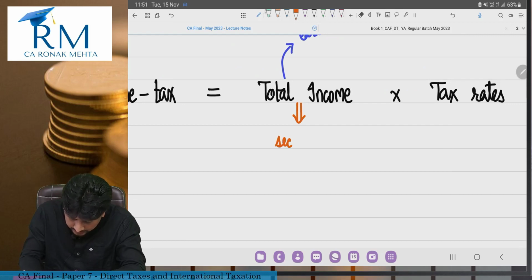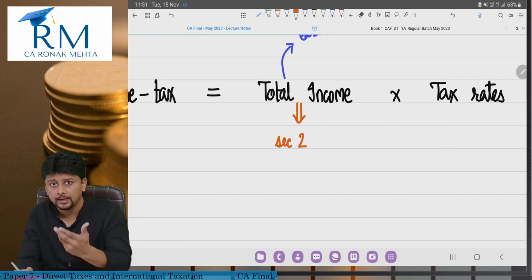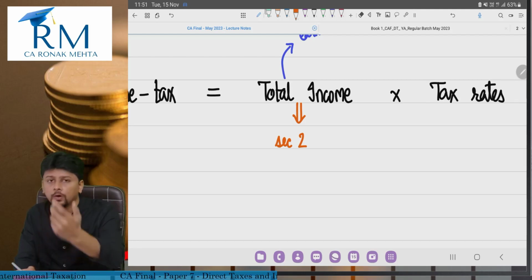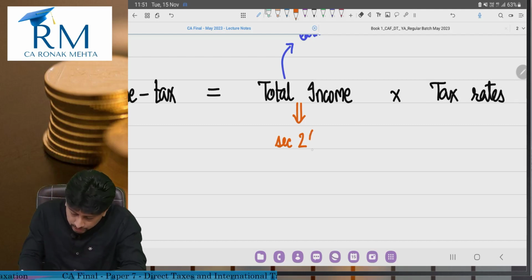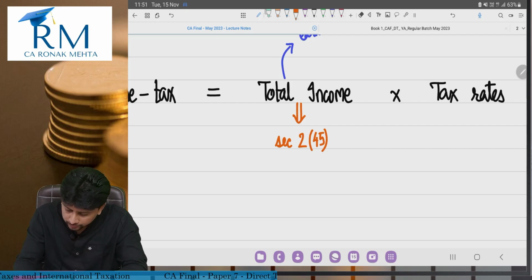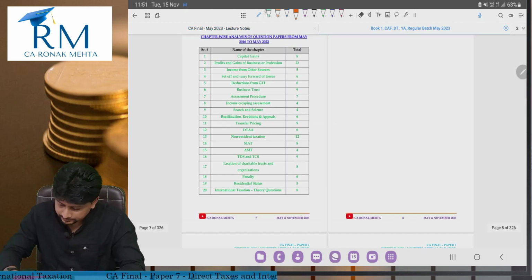in section 2. I'm sure you know this, that in India, every act, when you mention section 2, you're talking about definitions. Section 2, clause number 45 defines total income. What is the definition of total income? See this.